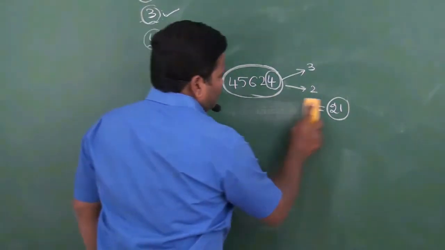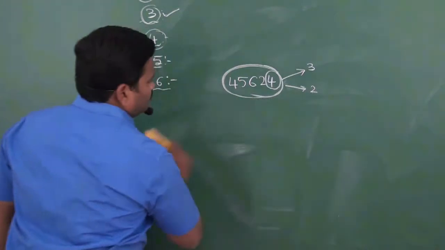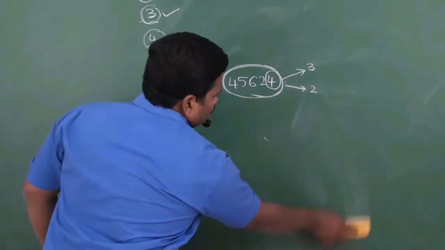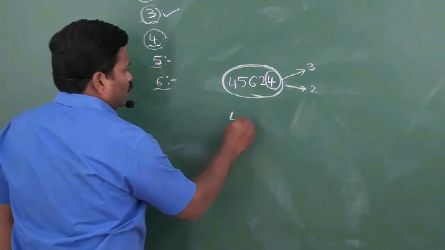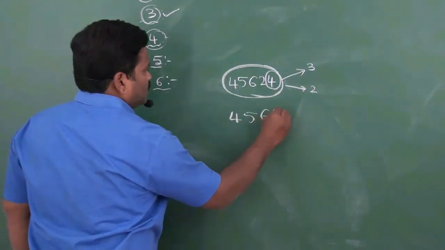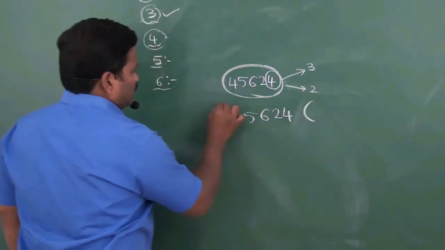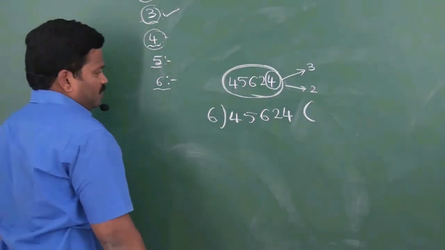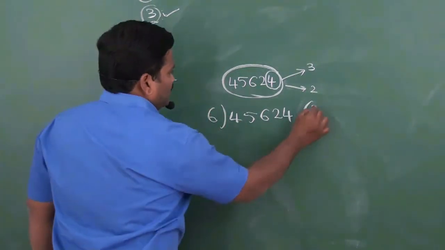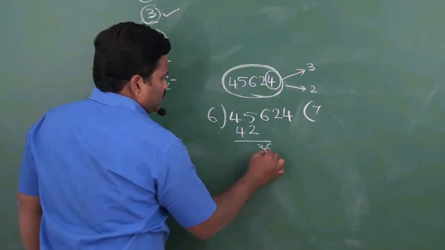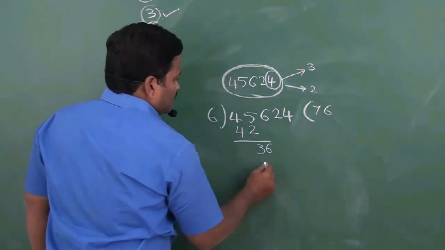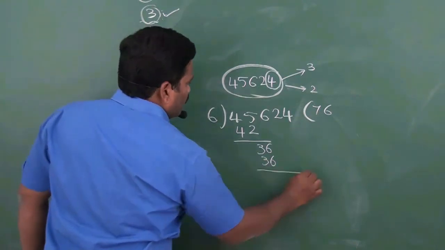Let us check whether it is divisible by 6 or not. 45624 by the division method. 6 7s are 42, 36, 6 6s are 36.